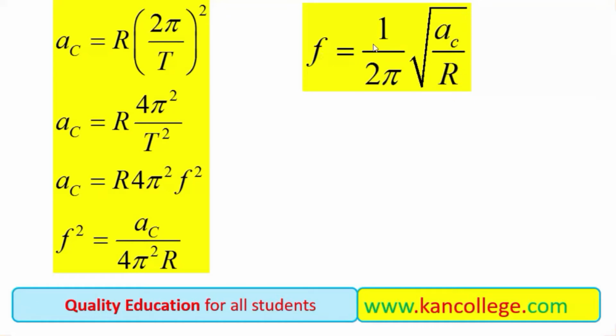Just by changing the frequency only, centripetal acceleration changes. Or conversely, if AC is more, then frequency of rotation is more.